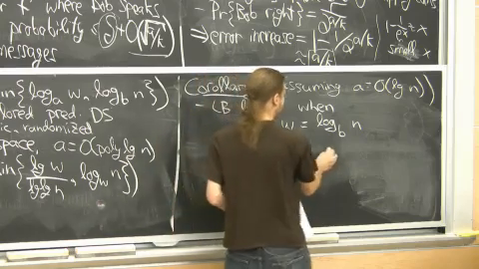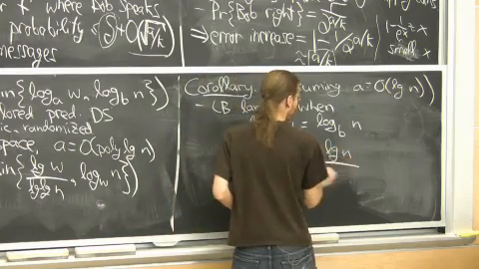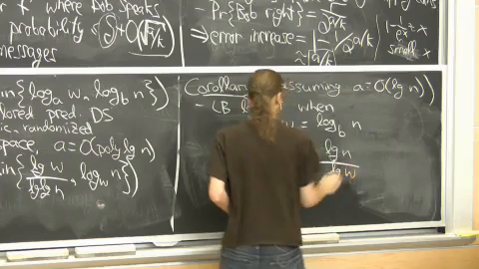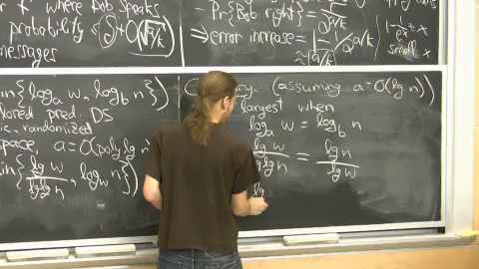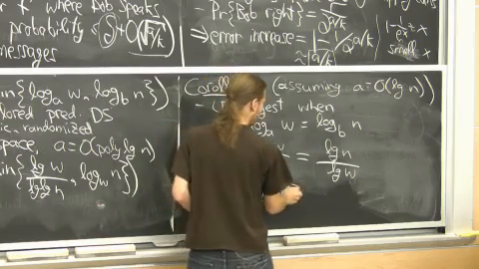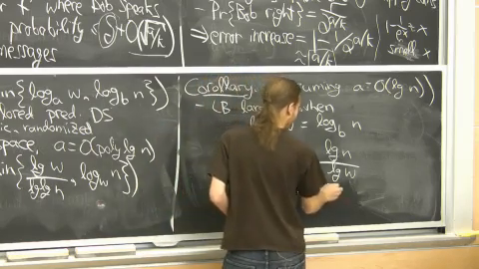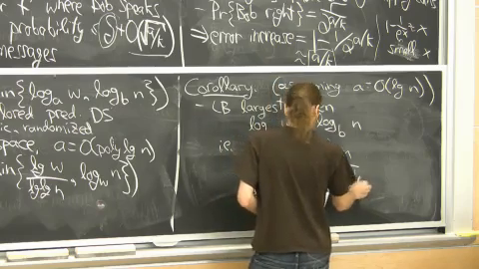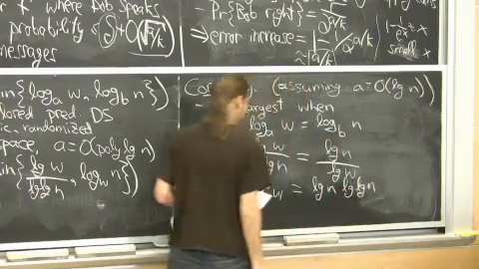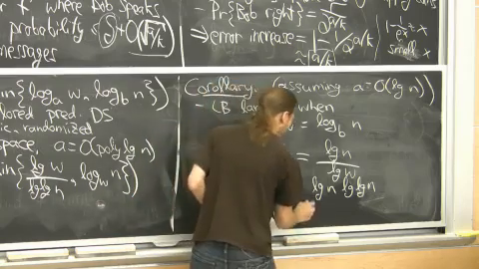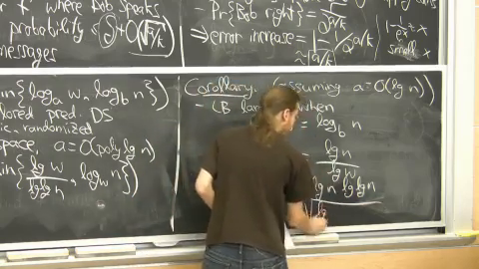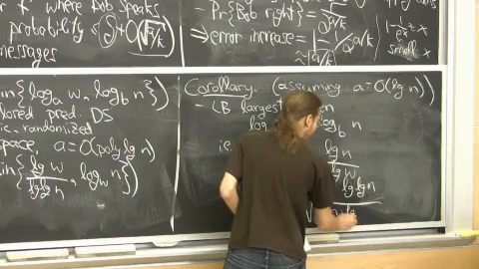And I want this to be equal to log n over log w. So we can cross multiply, and get log squared w equals log n log n. And so log w is equal to square root of log n log n.